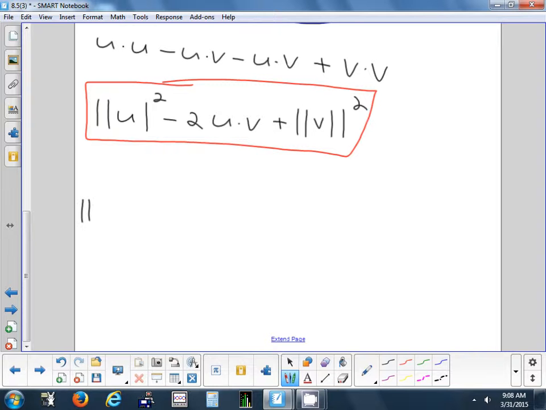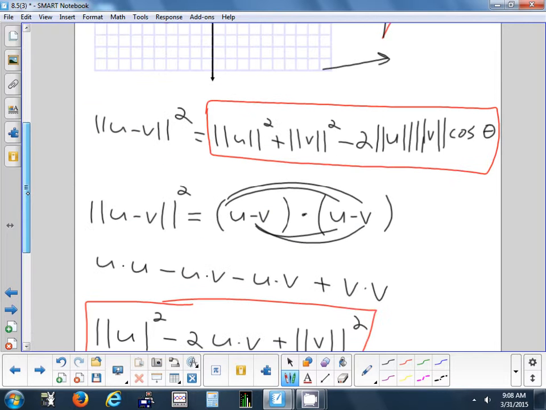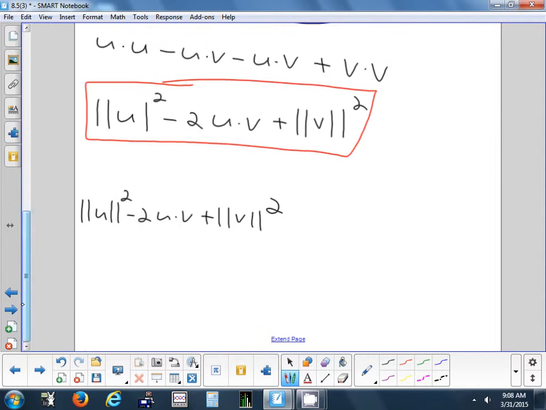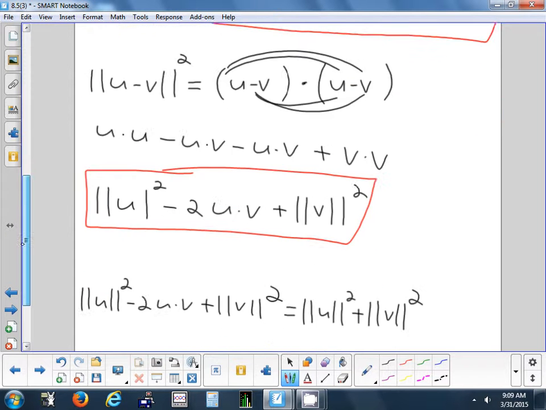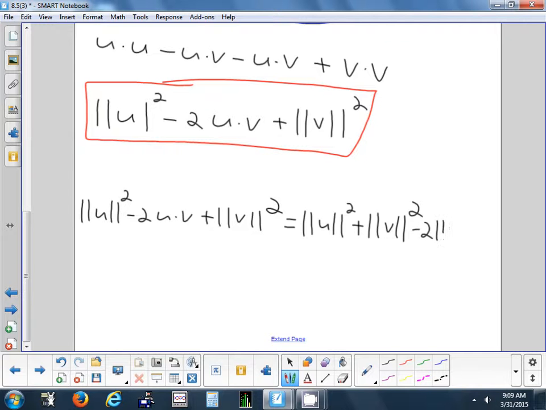So our left-hand side is magnitude of u squared minus 2u dot v plus magnitude of v squared equals magnitude of u squared plus magnitude of v squared minus 2 magnitude u magnitude v cosine theta.